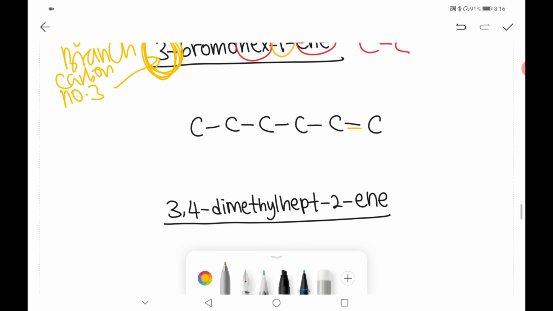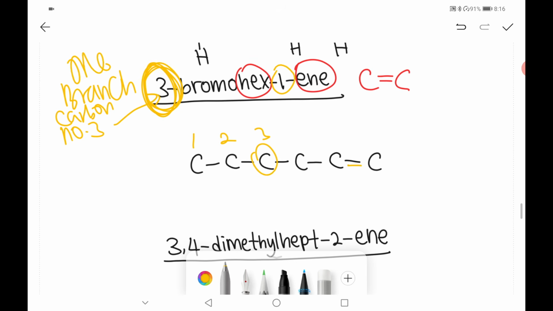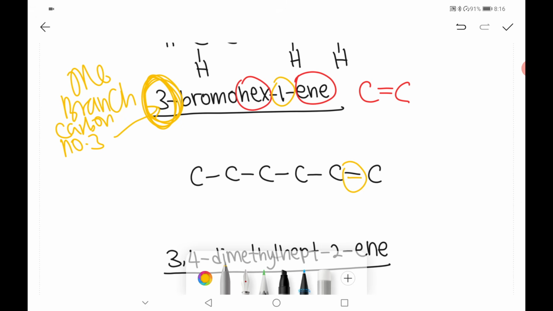So you have to be careful. You cannot count here 1, 2, 3. Carbon number 3 cannot. Why? Just now when you put the double bond, you counted from the right hand side. So if I count from the right hand side for the double bond, now the branch also needs to count from the right hand side. Remember, only use one same direction.